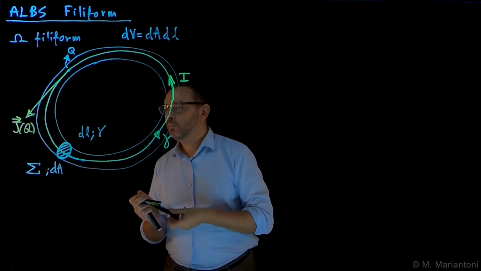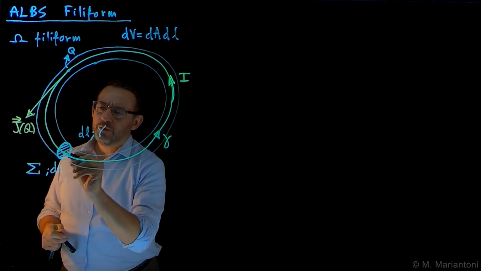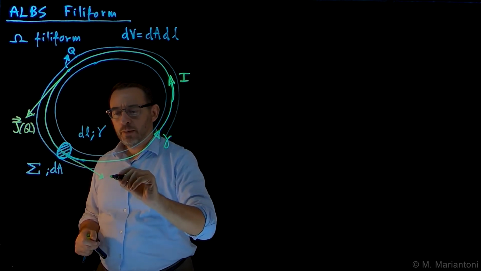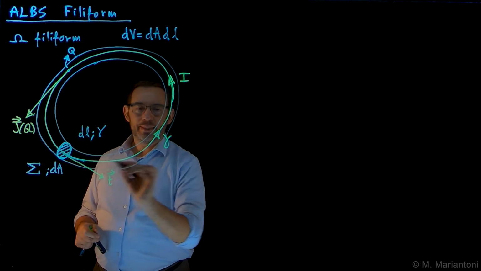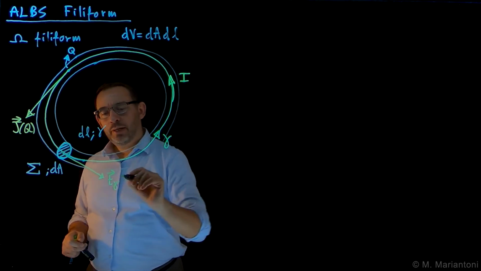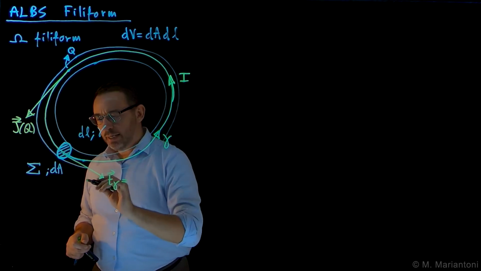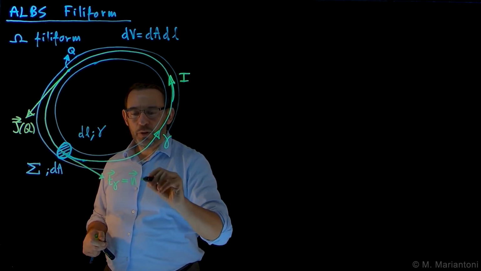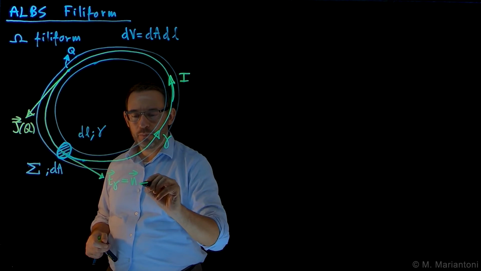Some more nomenclature. Here, if I consider a tangent unit vector, which incidentally has the same direction as J, this is T, with respect to gamma. In the notation we use in this kind of problem, it is the same as N, where N is the normal unit vector associated with capital sigma.